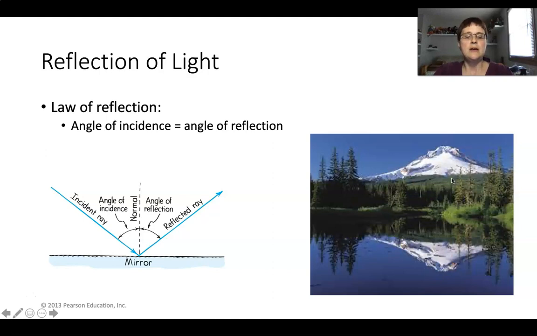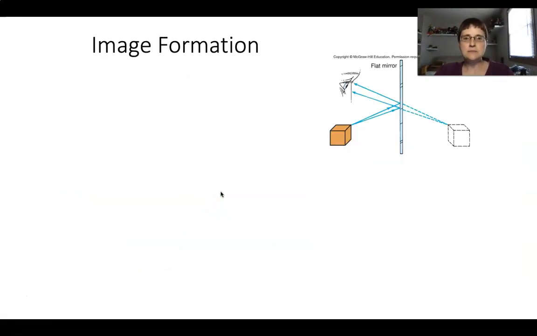They're basically bouncing off in reverse, but at the same angles. So it makes that image appear exactly the same, just in reverse. And that's what we've got going on here. This also allows for the creation of what we call virtual images.